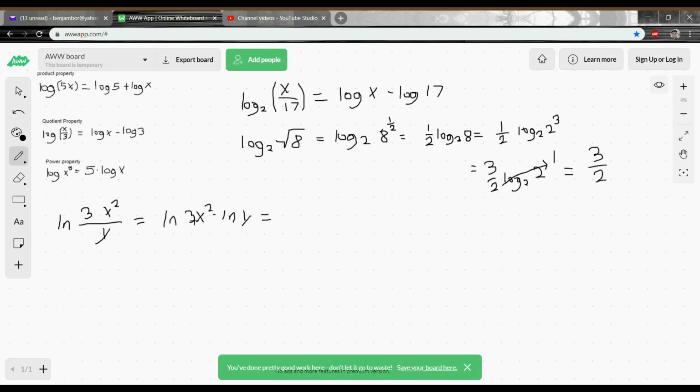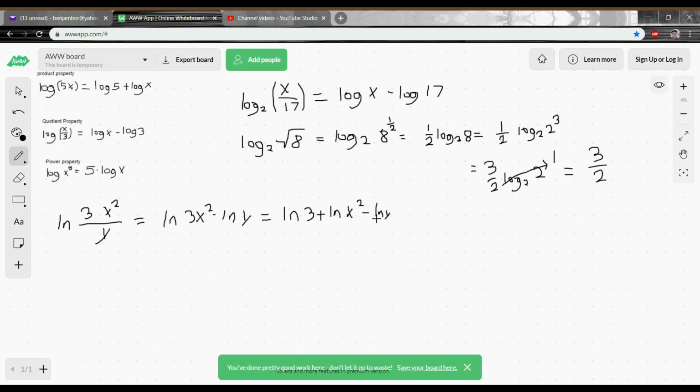But we could use the product property on this 3x squared to separate the 3 from the x squared. And if we do that, the product property is going to give us the natural log of 3 plus the natural log of x squared minus our ln y.